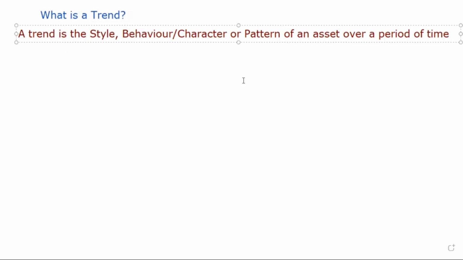Whenever we talk of a trend, what comes to mind is the style, the behavior, the character, or the pattern of an asset over a period of time. And I said you can't speak of the word trend without time. So time is of the essence whenever you mention the word trend.